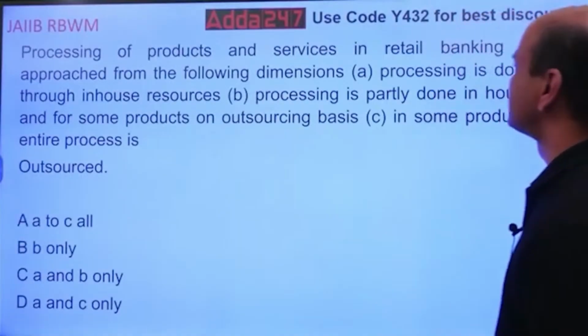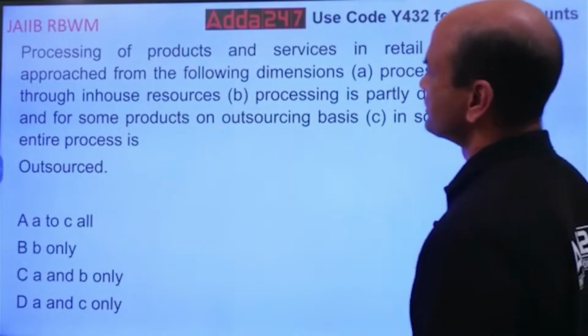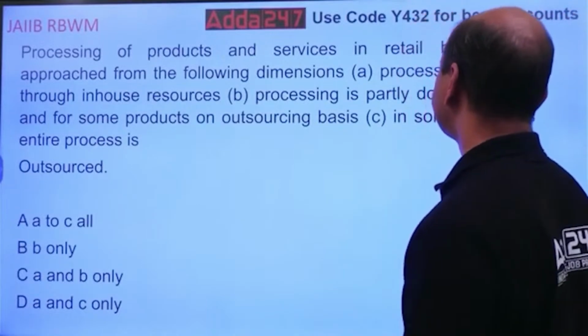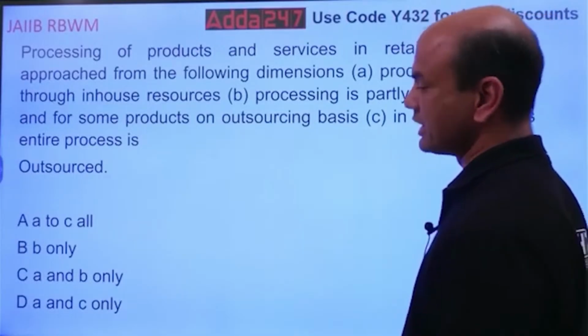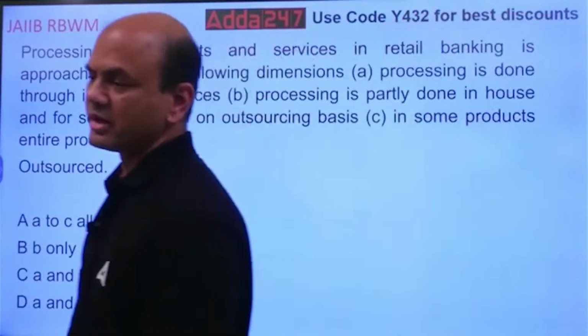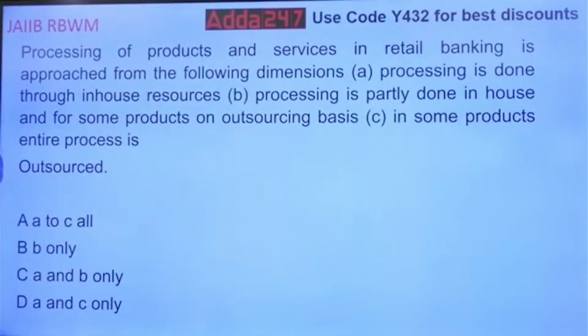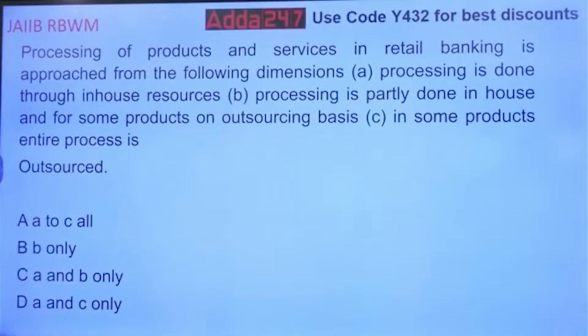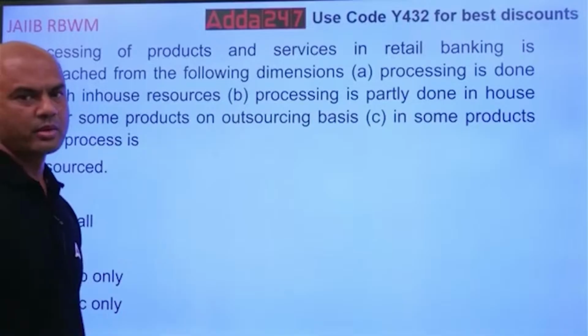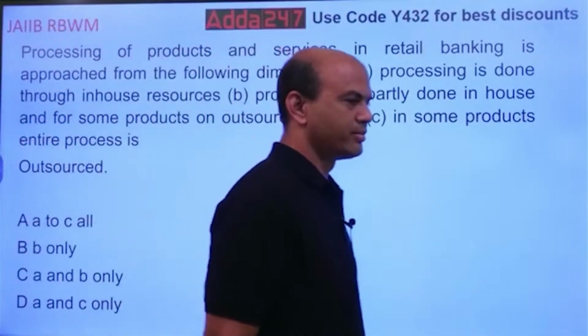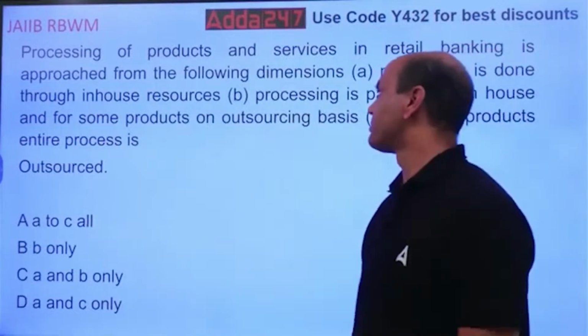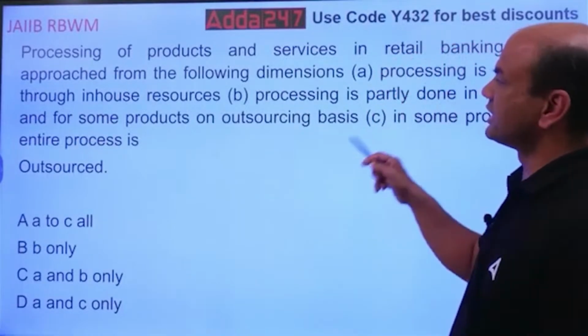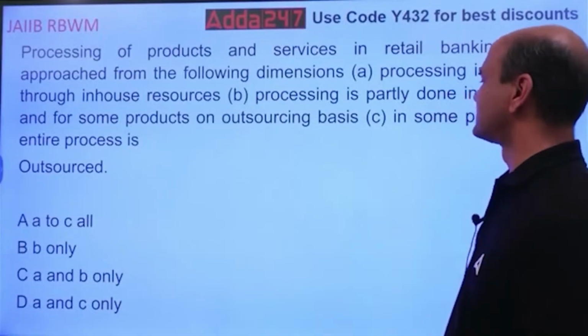Processing of products and services in retail banking is approached from the following dimensions. Dimensions means angles. What are the angles considered while processing the products and services in retail banking? A, processing is done through in-house resources. B, processing is partly done in-house and some products are on an outsourcing basis.